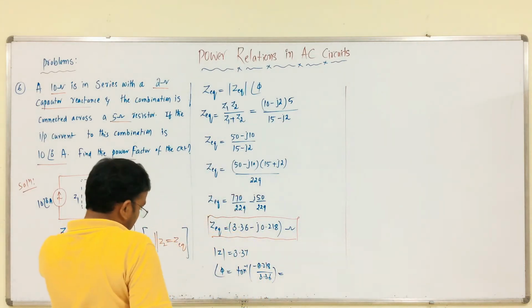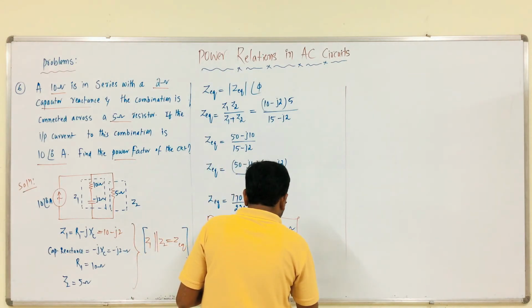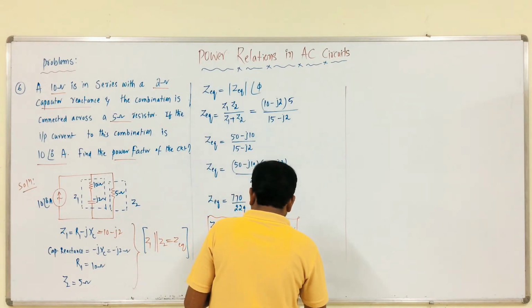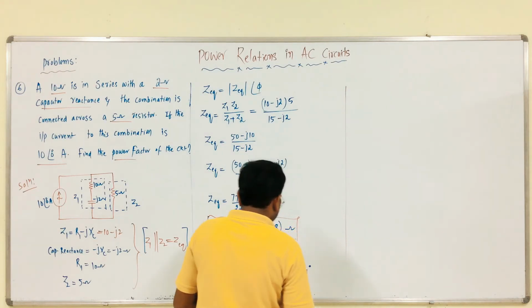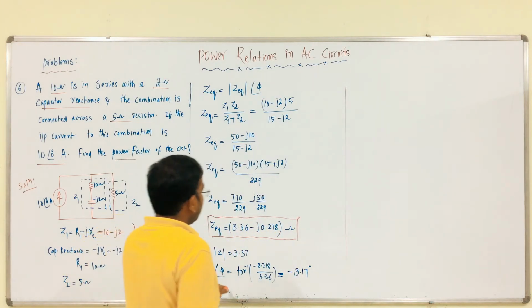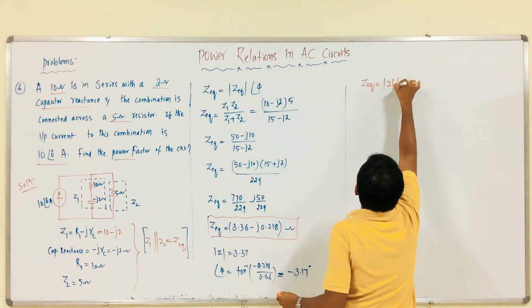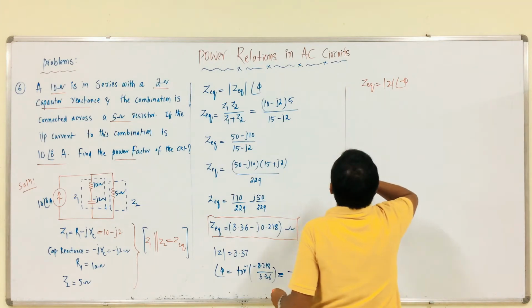From this we can get approximately minus 3.17 degrees. See, this is the Z equivalent, mod Z at an angle minus phi, we got, right?